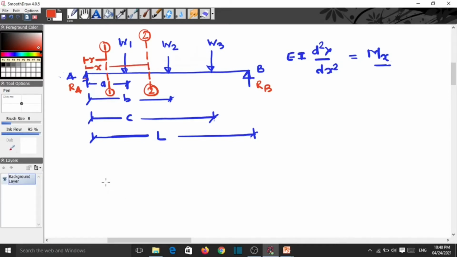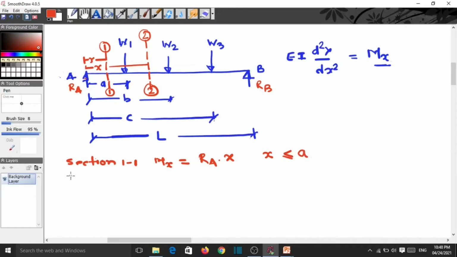Now for section 1-1, Mx is equal to RA into x, and this is valid for x less than or equal to A.